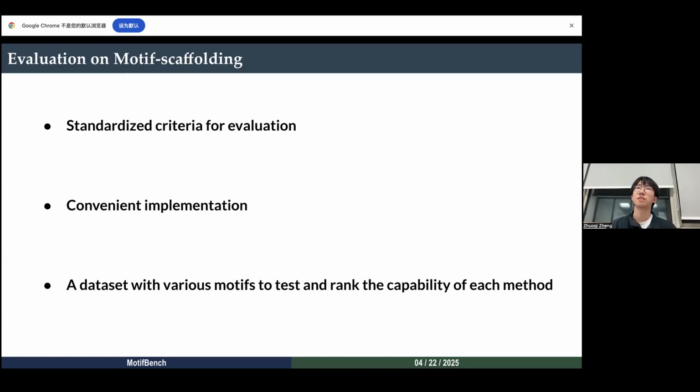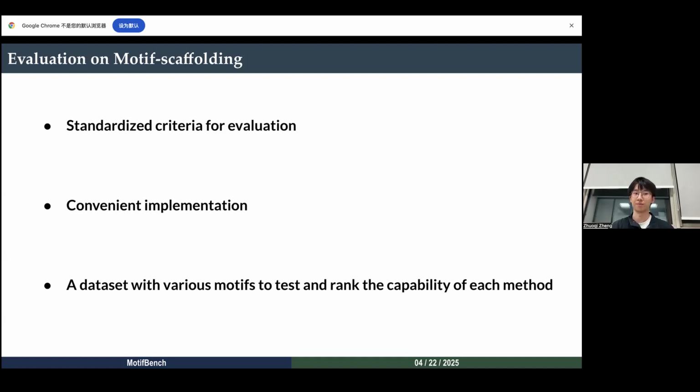So, with such an avalanche of motif scaffolding methods, we certainly have an interest in how these methods perform, like which of them performs relatively the best, or how different methods perform on different motifs, because we have observed that many of them have very different performances between different motifs.